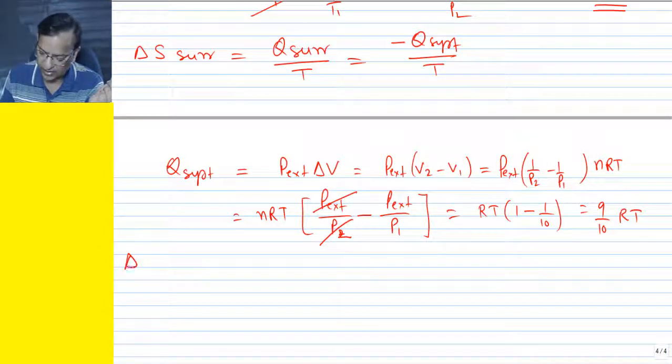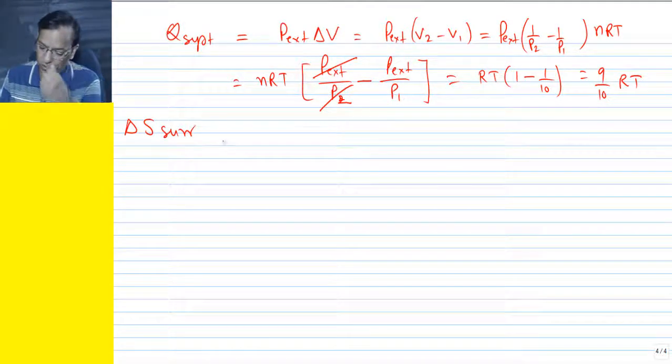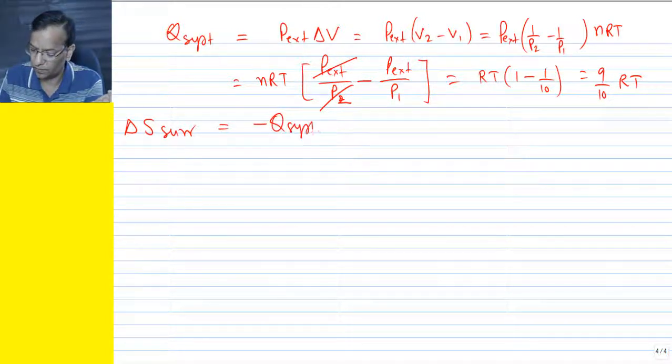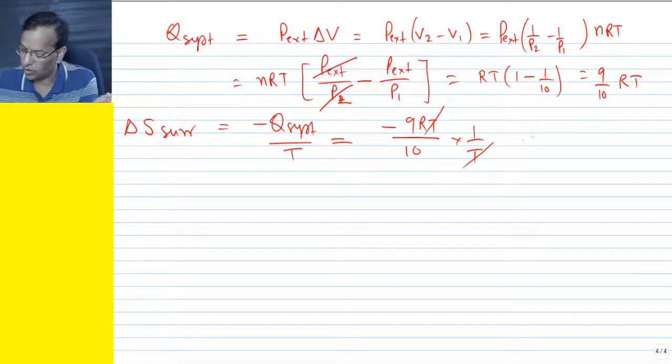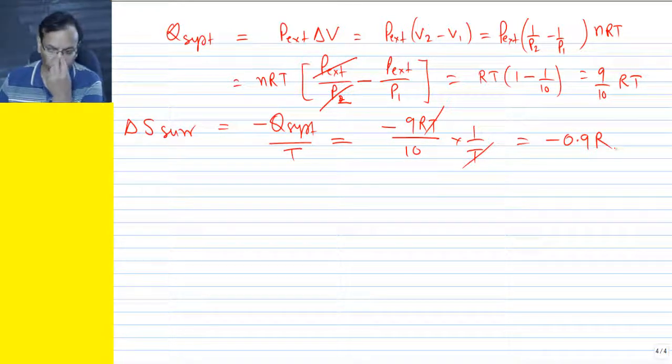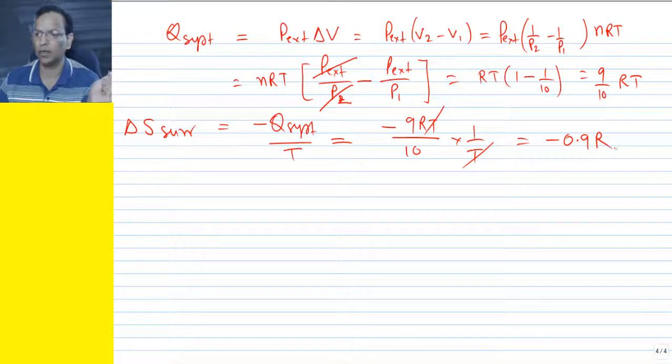So delta S surrounding will be equal to how much? Minus Q system by T. Minus Q system is minus 9 RT by 10, divided by T. So T and T will cancel. So it is minus 0.9 R. So now we can see that delta S surrounding is different from delta S system.